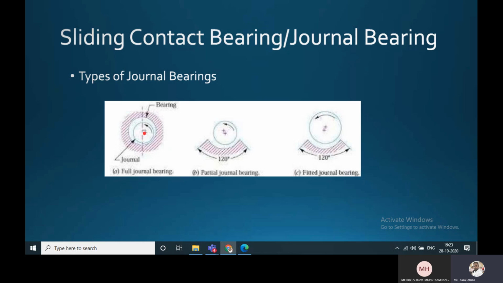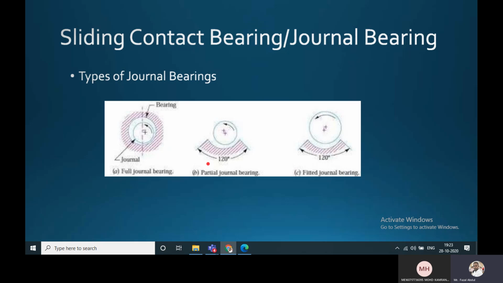We can apply it in this direction, this direction, in any direction for the full journal bearing. That is the advantage of the full journal bearing, and in most industries you will find full journal bearings.